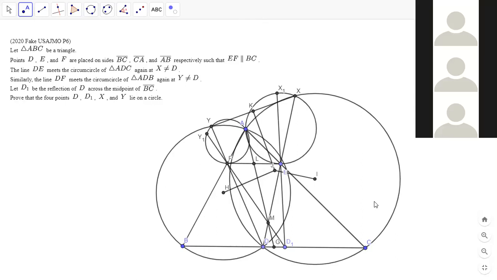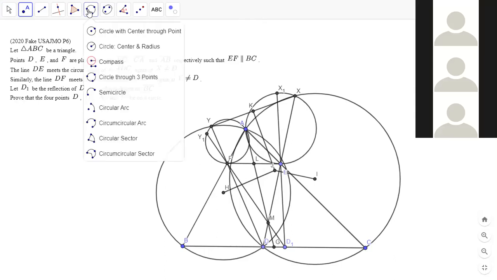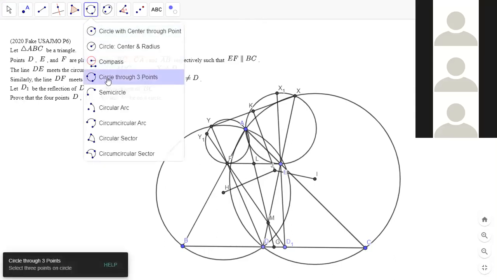And then by power of a point, we would have D. But XYFE isn't necessarily cyclic.